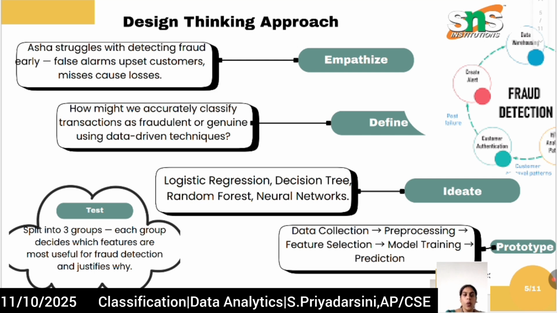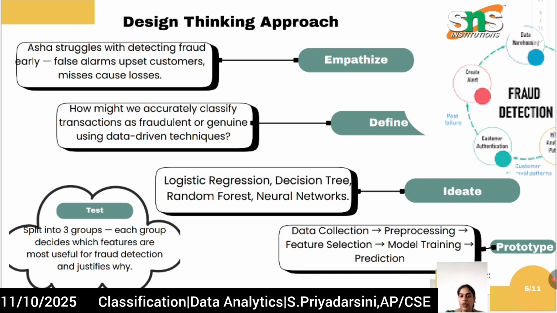Next, we will see the prototype. So what can Asha do? She is going to follow a design thinking approach. She empathizes with the user, understanding what causes false alarms. After empathizing, she defines the problem, ideates possible solutions and starts experimenting. She uses algorithms like logistic regression, decision tree, or neural network, and her workflow goes like this.